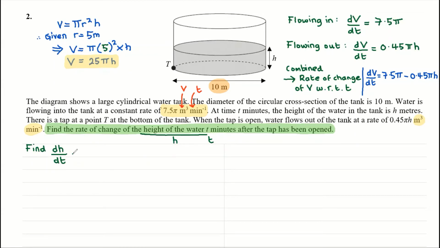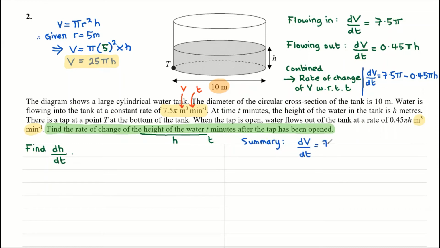So what do we know? Let's just build our summary. I've got bits of information all over the place here, so let's set up our summary and see what we can do. The first thing, all the information about the flow of water has given us dV by dt. That's really good news.